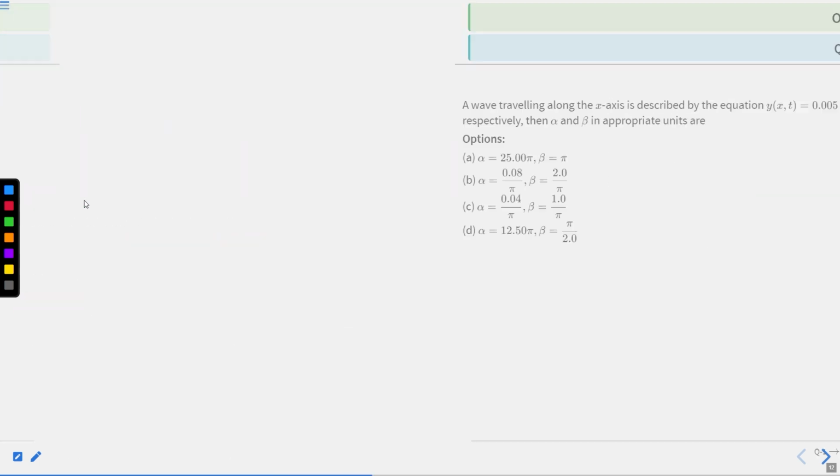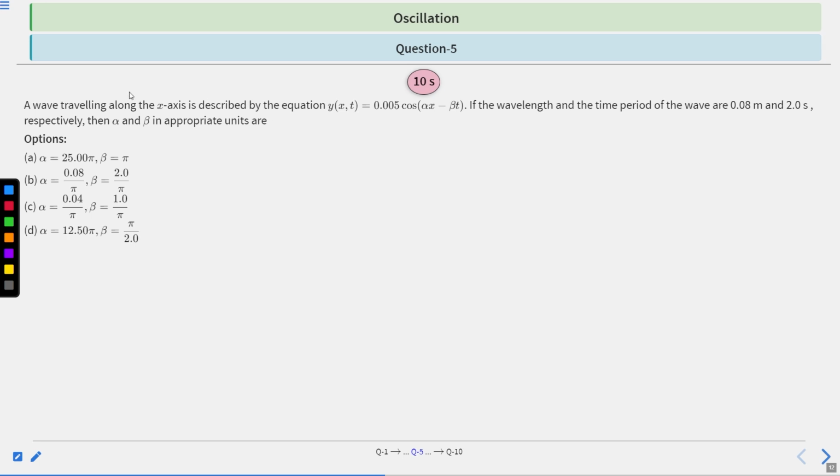Next question, question fifth. A wave traveling along the x-axis is described by the equation y of x,t equal to 0.005 cos alpha x minus beta t.